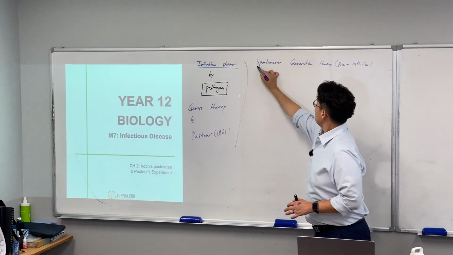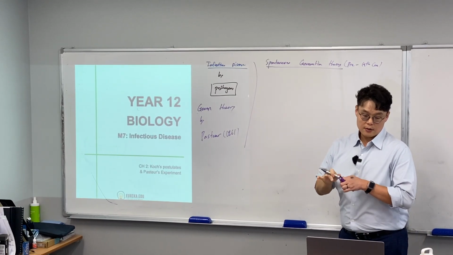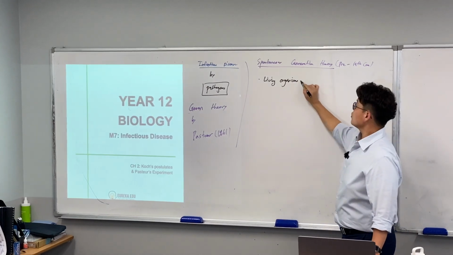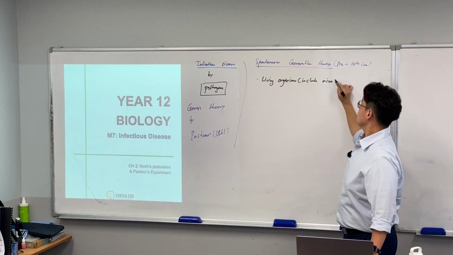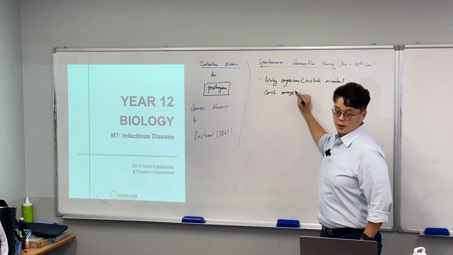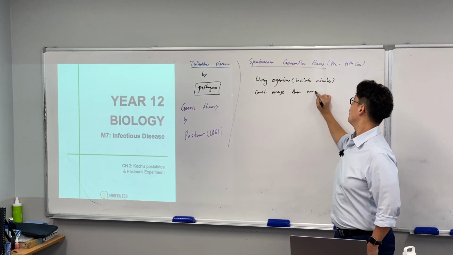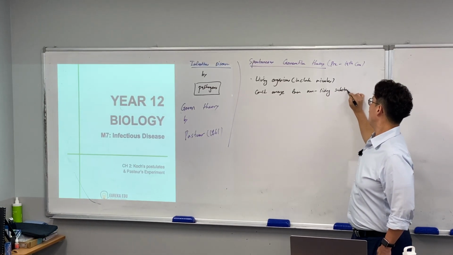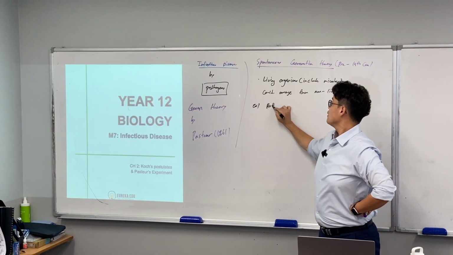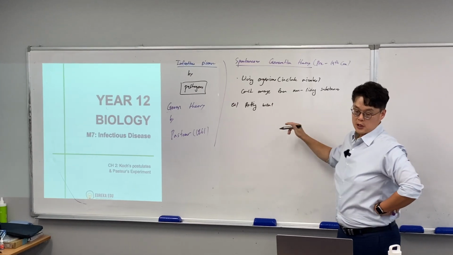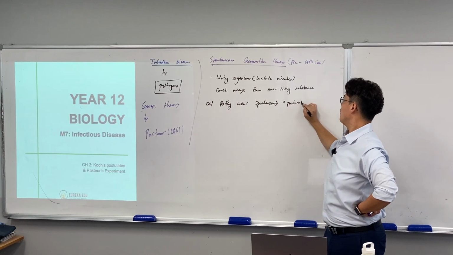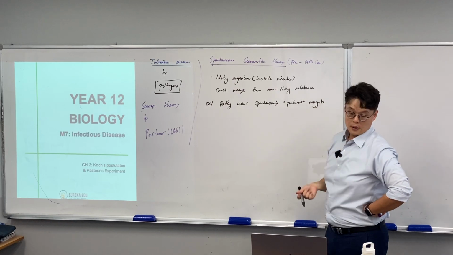So what was the spontaneous generation theory? This believed that living organisms, including microbes, could emerge from non-living substances. So, for example, rotting meat could spontaneously produce living organisms, the maggots, as one example.